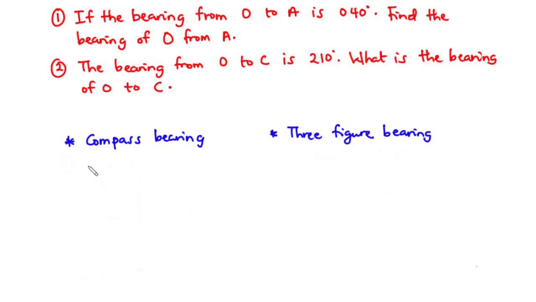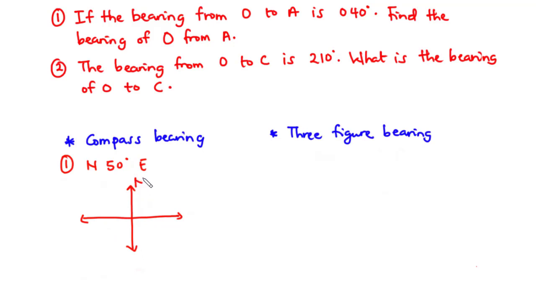Now, for the compass bearing, it is based on the 4 main cardinal points, that is the north, the south, the east, and the west, and its angle is measured from the north. So for example, if you are asked to represent north 50 degrees east, then you can draw the compass.